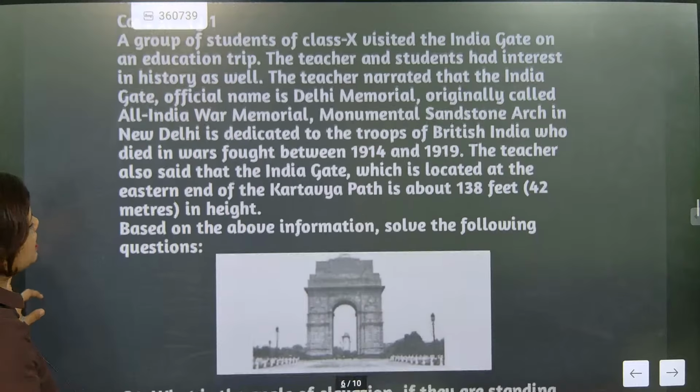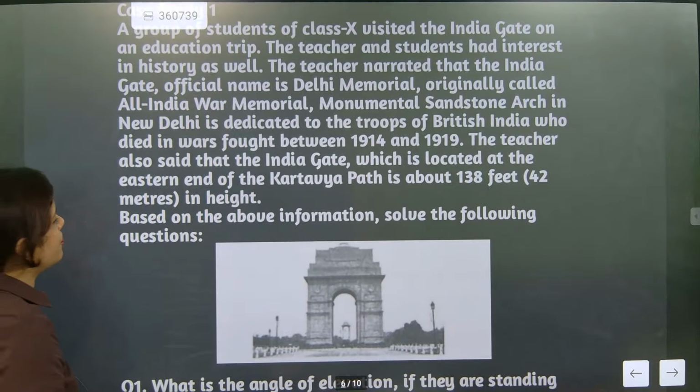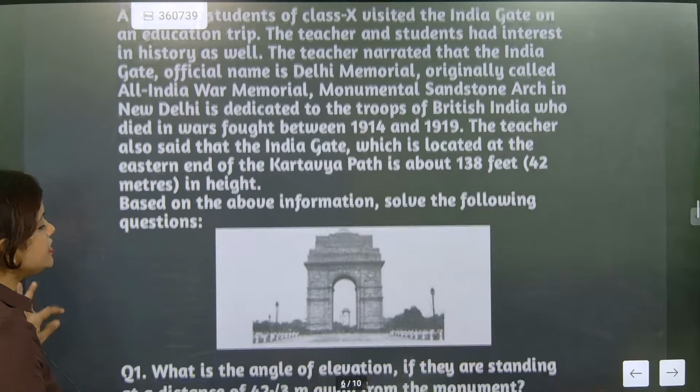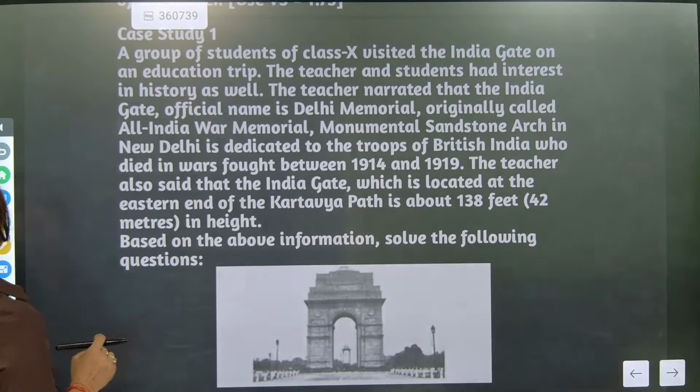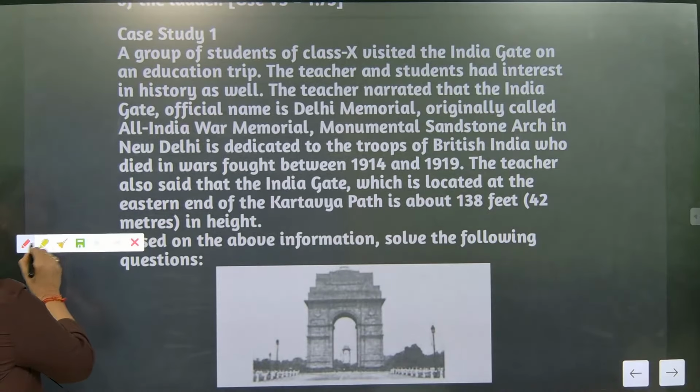Based on the above information, solve the following. What is the angle of elevation? So beta, what is exactly given is that the India Gate, located at the eastern end of Kartavya Path, is about 138 feet in height. So, what is the height of India Gate? 138 feet.